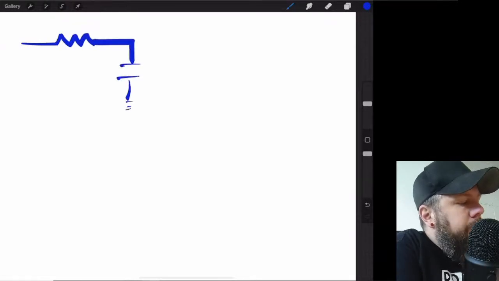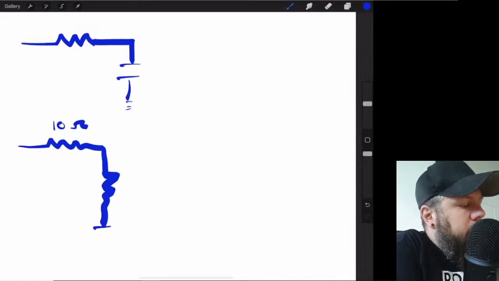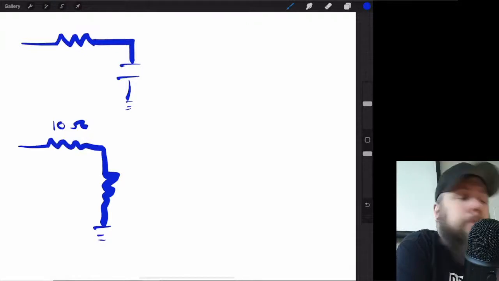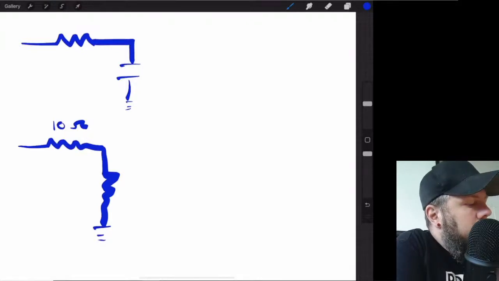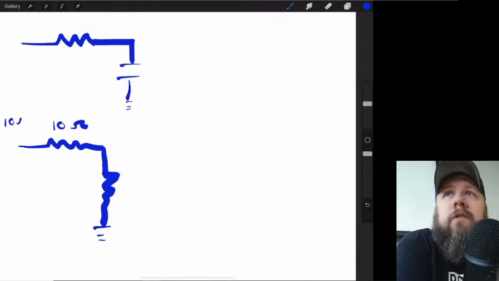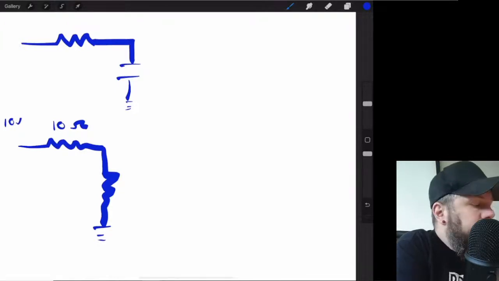Okay, so let's imagine this is 10 ohms, and then depending on what frequency it was, that capacitor became a resistor. Okay, so we've got 10 volts right here. High frequencies, it lets it through real easy. So if we got a super high frequency, this could go down to near about 0 ohms, right?